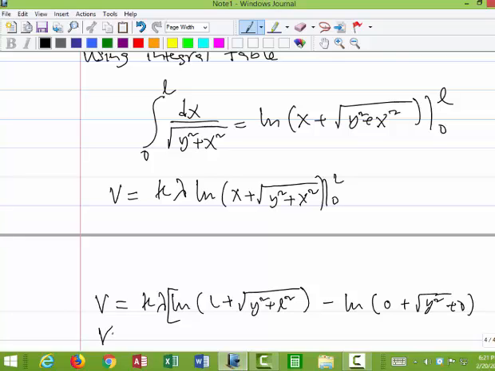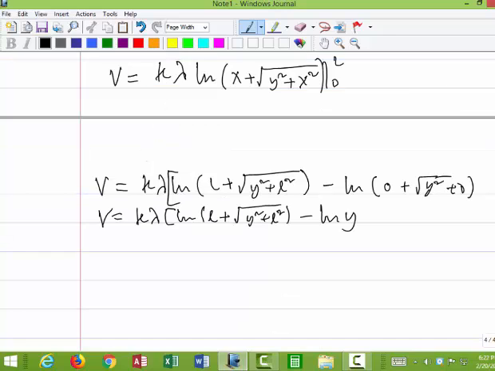So V is equal to K lambda times the natural log of L plus the square root of Y squared plus L squared, minus the natural log of Y.